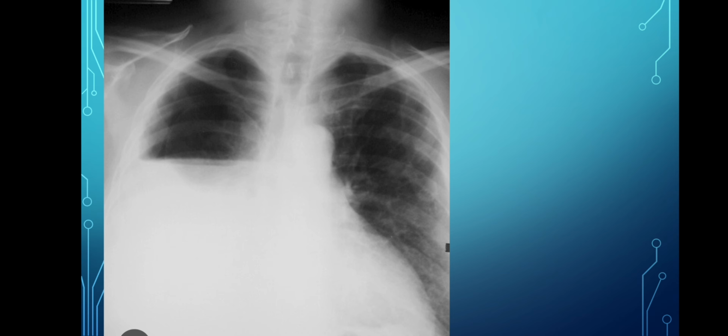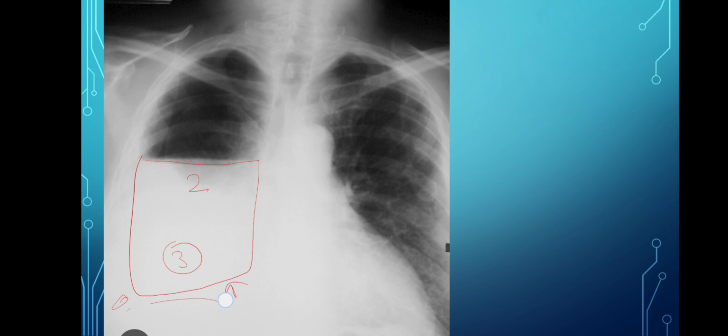This is a skiagram of chest taken in PA view, which shows there is a homogeneous opacity involving the right zone 2 and zone 3, and there is a radio-opaque shadow without any bronchovascular markings. Costophrenic angle is obliterated. Cardiophrenic angle is also obliterated.